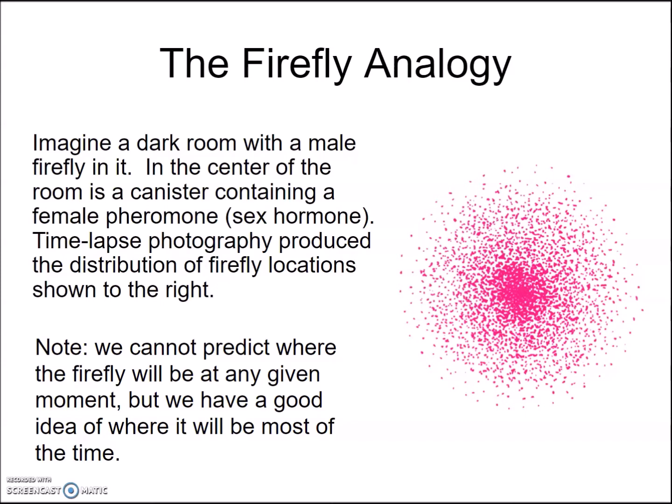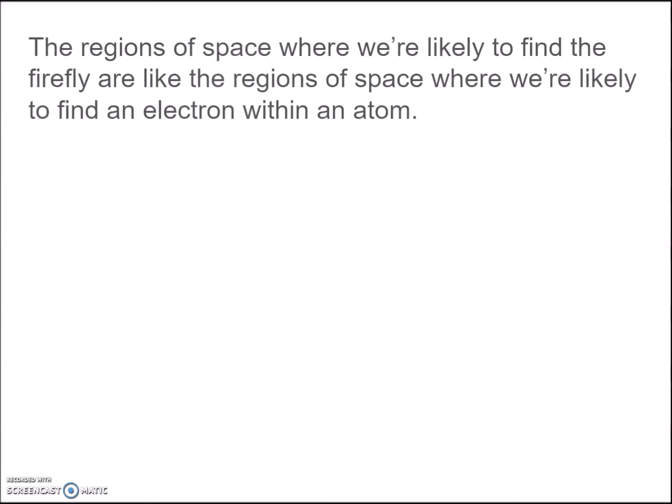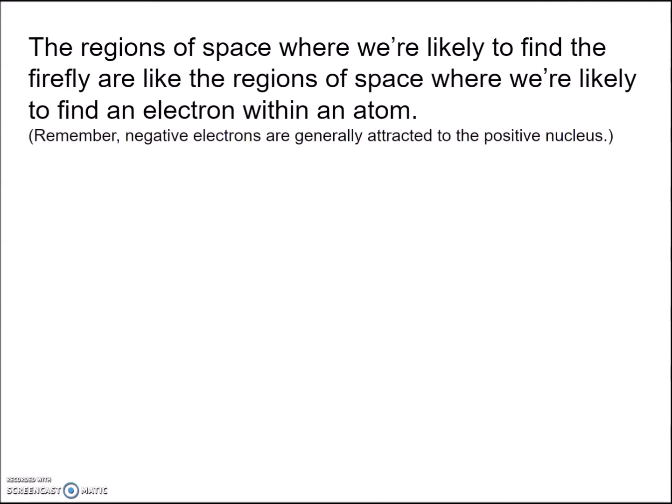Okay, what does that have to do with the atom? Remember, we can't know the exact location and position of an electron. The regions of space where we're likely to find the firefly are kind of like the regions of space where we're likely to find an electron within an atom. Remember, electrons, which are negatively charged, are attracted to the positively charged nucleus.